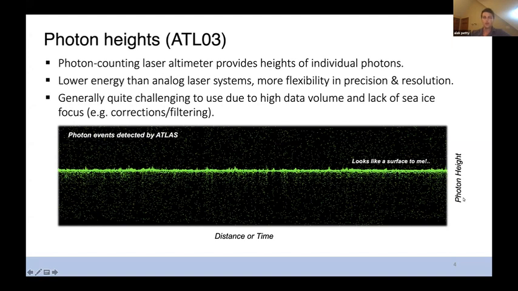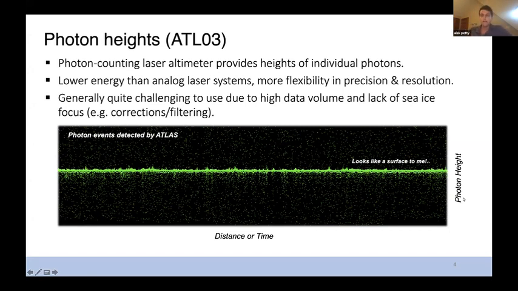Again, Ellen's tutorial is going to start with something like this scene and show how we can go about deriving where the CI surface is and how things like clouds and background might be influencing our surface finding. The only thing I wanted to mention here was that ATL3 is challenging to work with. A lot of people think it's going to be easier than it is, but for one, there's just a lot of data.